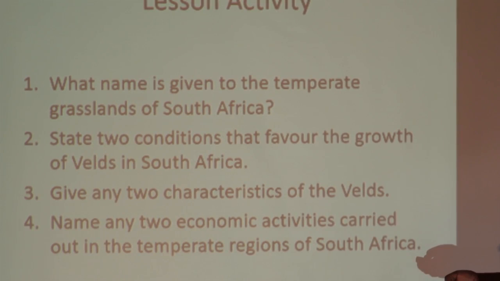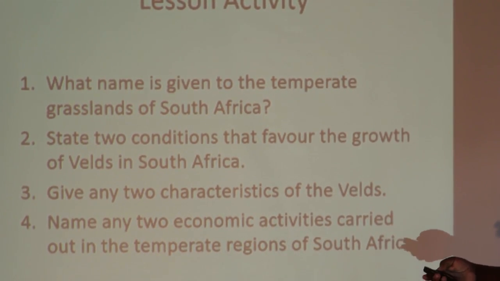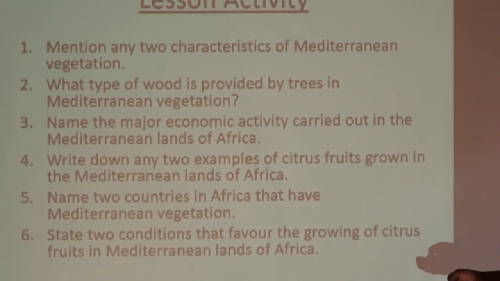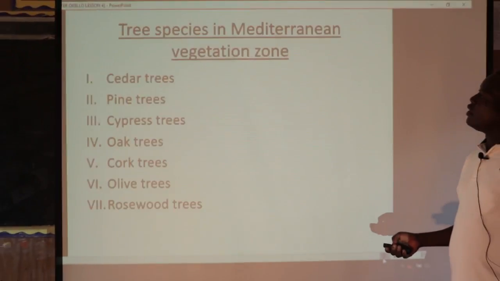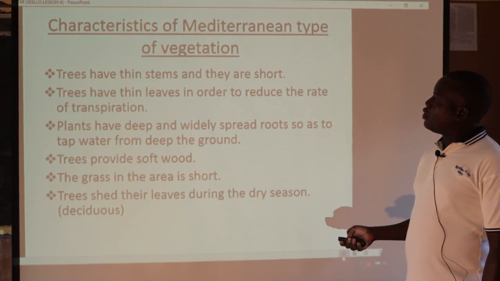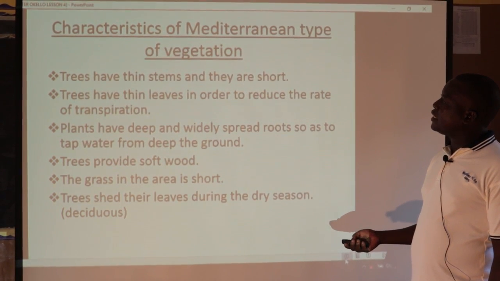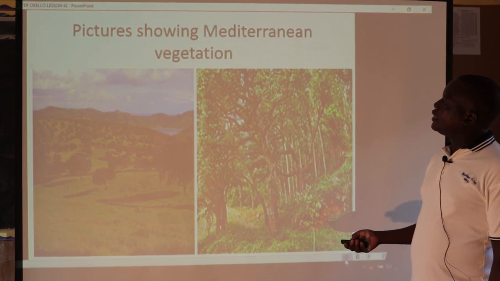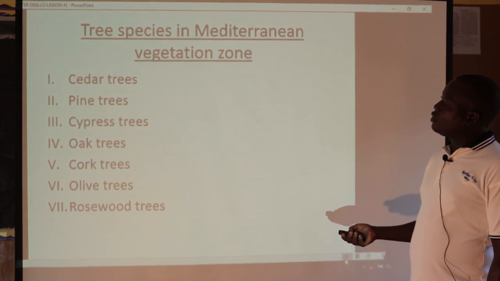So here I have 4 numbers. We have covered 2 vegetation zones, the Mediterranean vegetation zone, and then we have covered also the temperate. Maybe a go through: we have covered that one. We have looked at the characteristics, they are there. We have looked at some of the vegetation, how it looks like, the tree species.